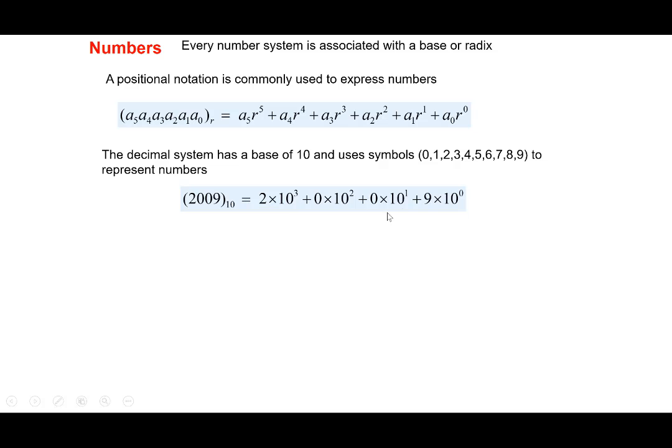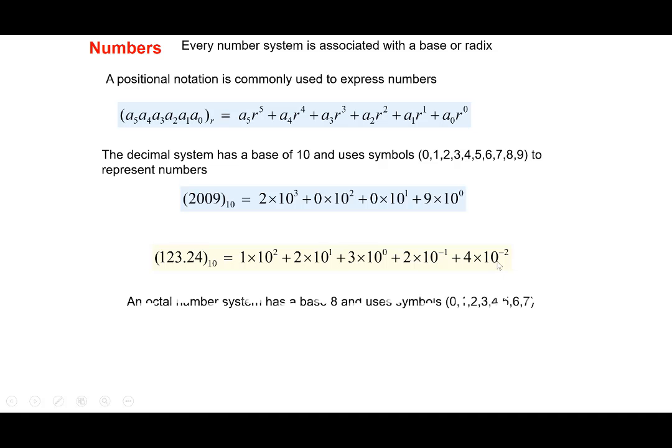This is what the value of that particular number is. We can expand it in this particular manner here. And also, if we have a decimal point here, then the first digit after the decimal is 10 to the power minus 1. The second one is 10 to the power minus 2. All right, so that's the decimal system that we are familiar with.